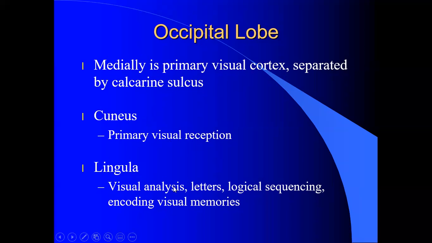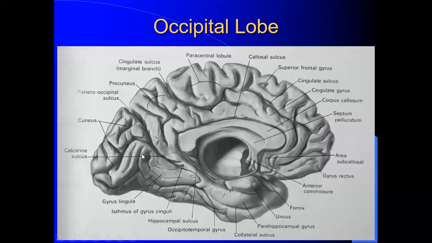Remember, secondary cortices bordering into association cortex for the highest level of analysis and finally merging with concepts so that you start to get into what is this? How is this? What letters are these? But also logical sequencing, which is interesting, and the encoding of visual memories, which is an interesting thing in itself. Not just the visual memory, but the encoding of it for storage.